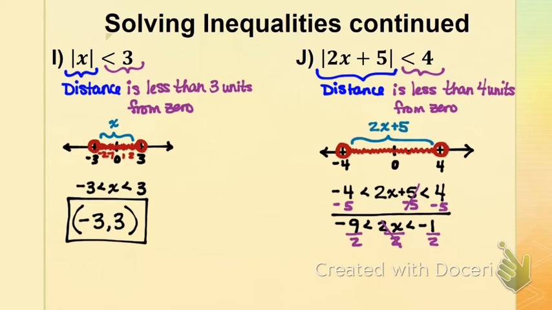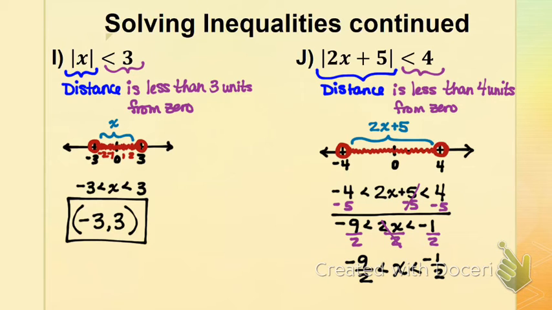And so I get -9/2 or -4.5 is less than x is less than -1/2. Are we okay with how we got there? Do you guys agree that the left side really is the smallest thing here? -9/2 is smaller than -1/2. Yes, this is to the left on the number line.